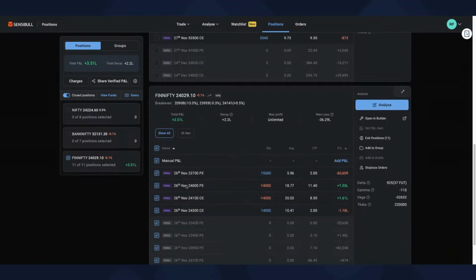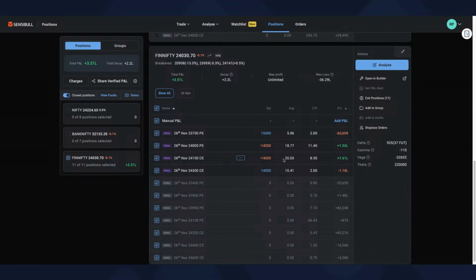About 11 positions, I think. Out of that, these are the only live positions that I have right now, which are 24,000 PE and 24,100 CE. This is a very simple strangle, and the quantity is definitely a little higher. But I will stay on these trades for now.